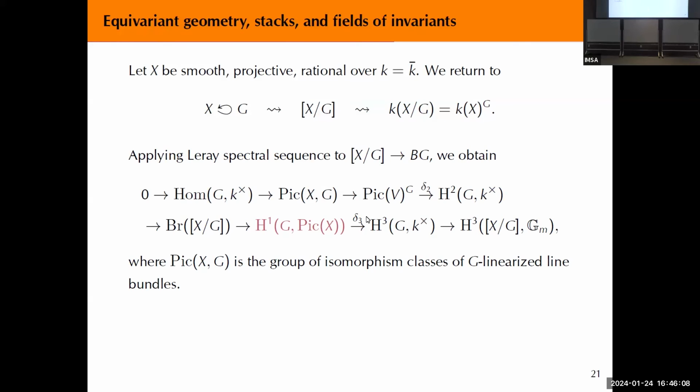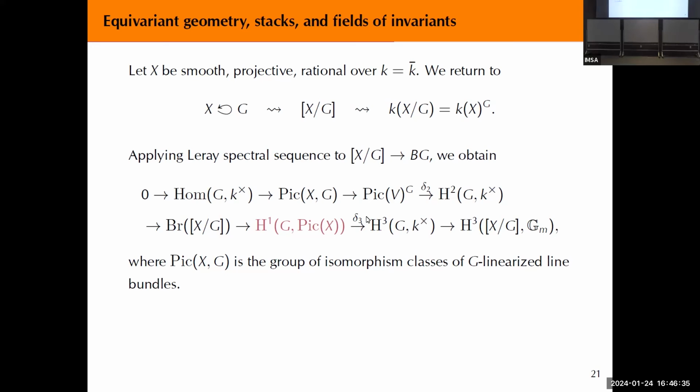So how are these things connected? We look at the map from the quotient stack to BG, and then we write down the Leray spectral sequence. And what we see is, we have the characters of G injecting into the group of isomorphism classes of G-linearized line bundles on X. And of course, you can change the linearization by a character.